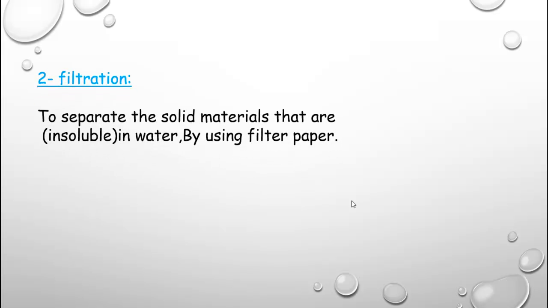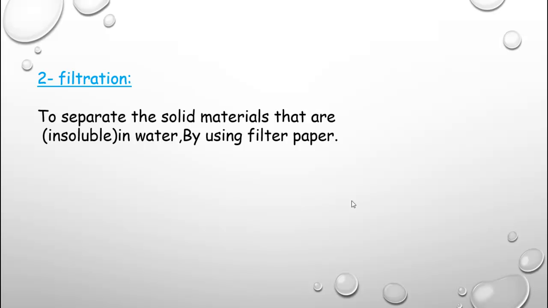Number 2, filtration. Like at your home, in the kitchen, you have a filter. This filter filters the water from the bad things, from the sand, from solid particles, from some heavy minerals.